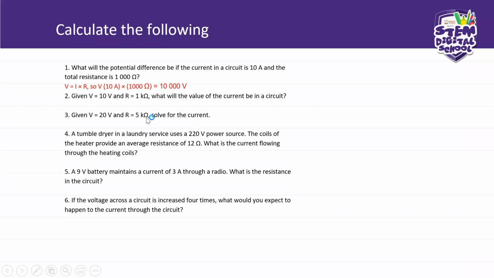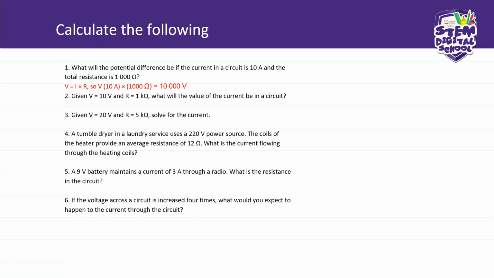Okay, given a voltage of 10 V and a resistance of 1 kilo ohm, what will be the value of the current in a circuit? And remember, a kilo ohm is what multiplication? 1 kilo is how many ohms?